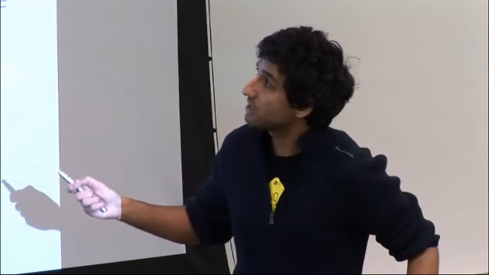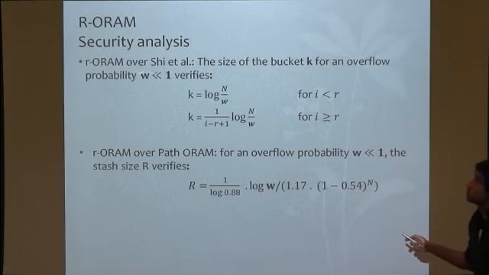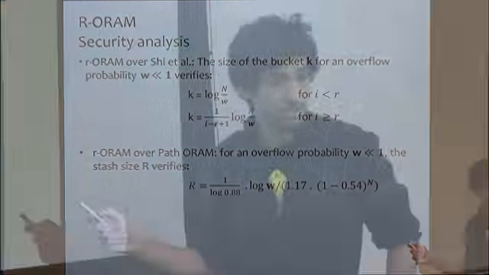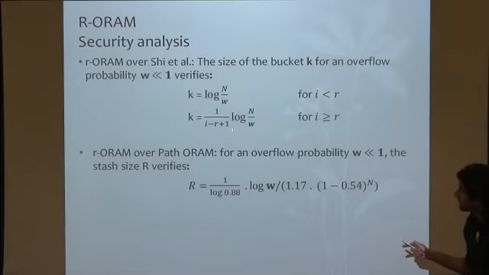So for Shi and colleagues, when we are applying our recursive ORAM on Shi and colleagues, we came up with the following: if you fix the probability of overflow to, let's say, omega, which is very small compared to 1, your block size should verify this relation, log n over omega. This is the interesting result that we have.